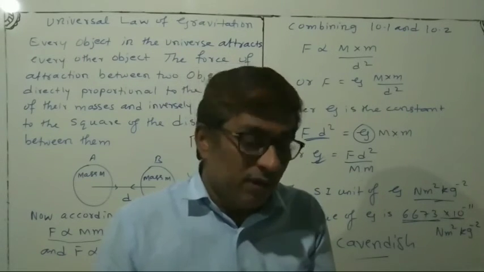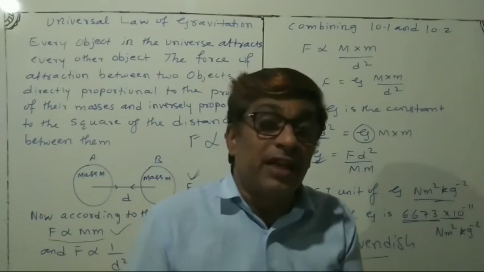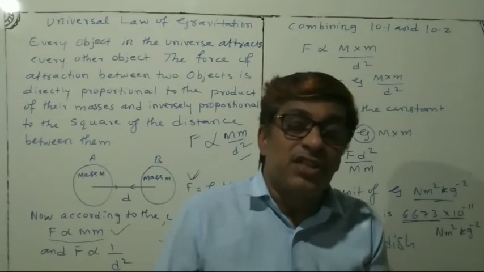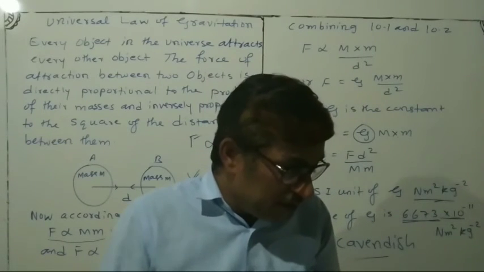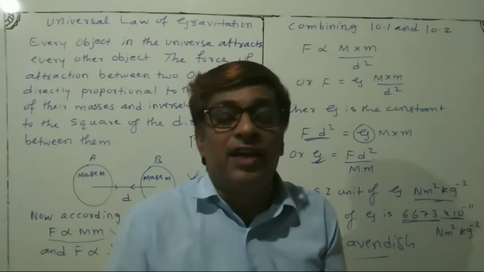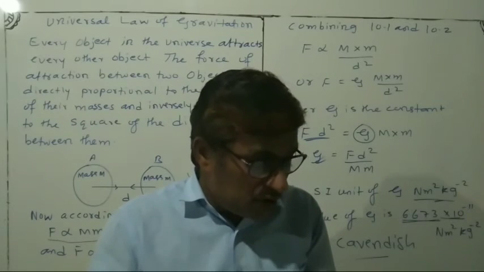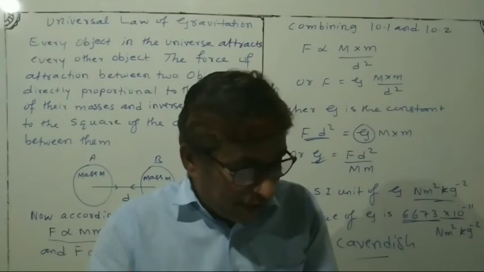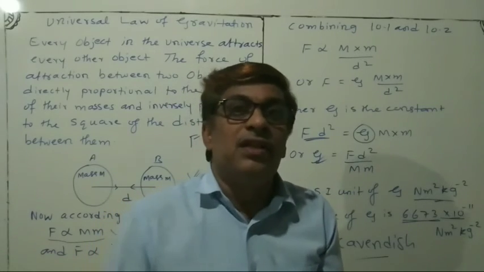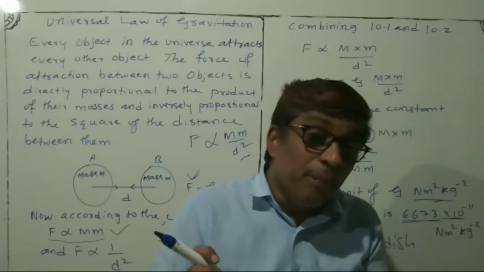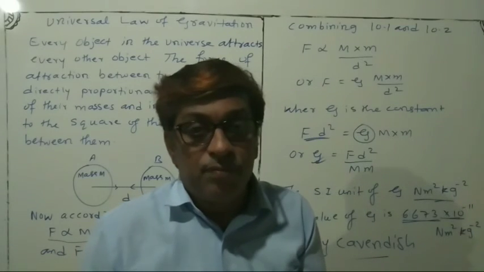The fourth is the tides due to the moon and the sun. Tides mean change in the sea level, due to the gravitational pull of the sun and the moon. In this way, these are the importance of the universal law of gravitation.